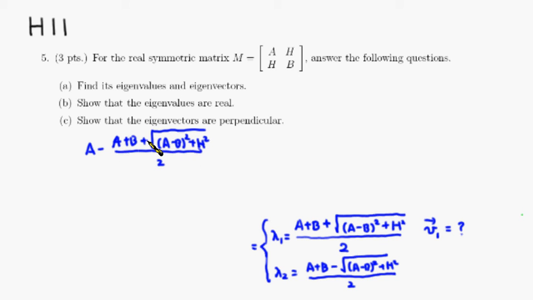Then times x. So this is the coefficient of x, plus hy equal to 0. So this is the first row of the matrix.